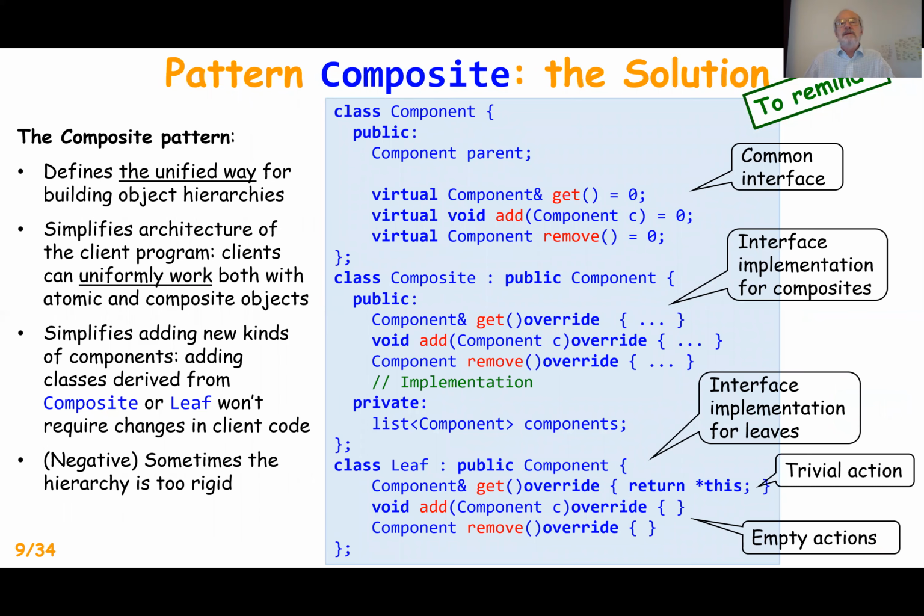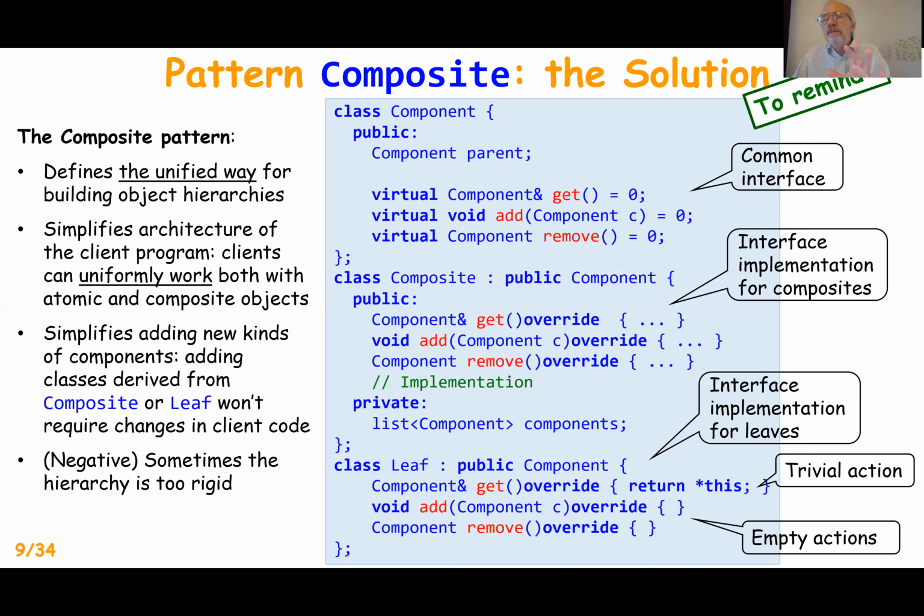Look at the next slide. Again, this is an example of the implementation of the composite pattern. Look carefully at what is drawn on this slide. First of all, we have defined the base class. We called it component. There are three pure virtual functions.